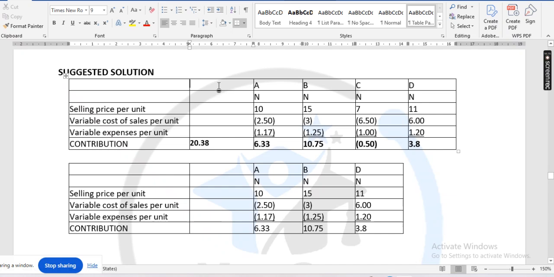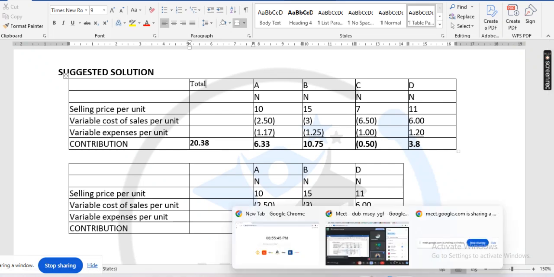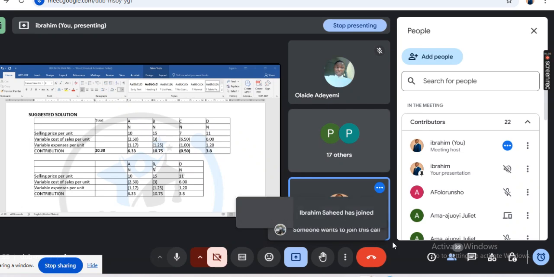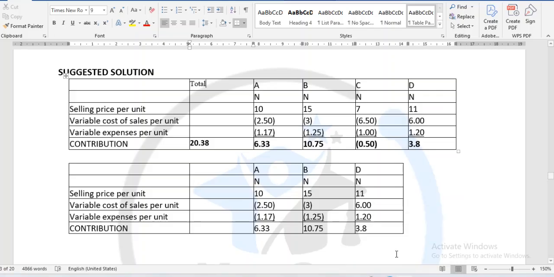Let me just put it as per unit. So this is total contribution per unit, right?